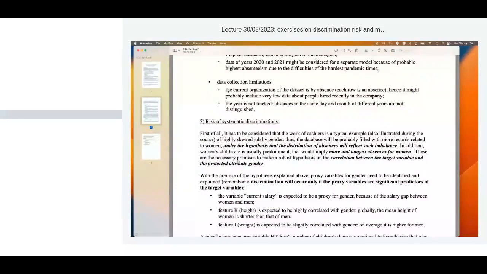Then I also wrote that we might have very few data about people hired recently. It is a data collection limitation. And as I said, the year is not tracked.